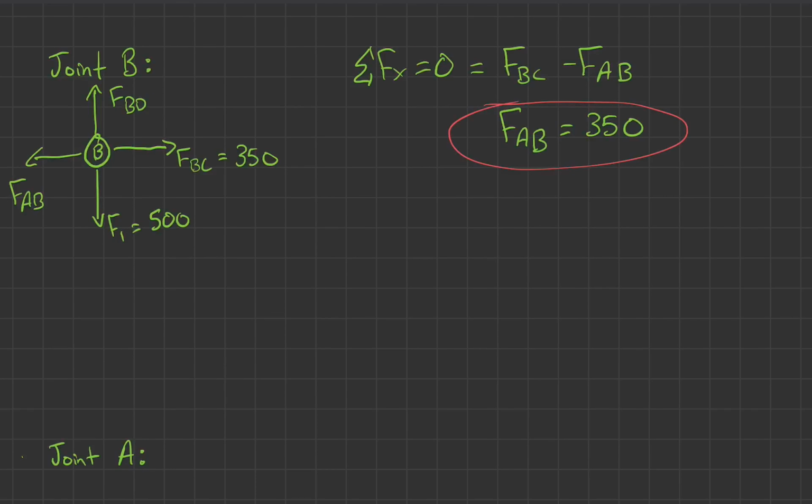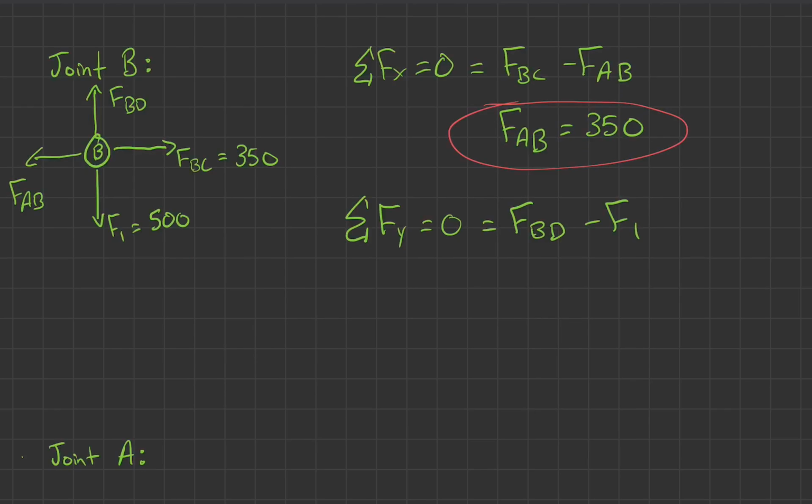And then if we sum our forces in the y direction, also set that equal to 0 because we're in equilibrium. We had force BD going in the positive direction, and we've got force 1 going in the negative direction.